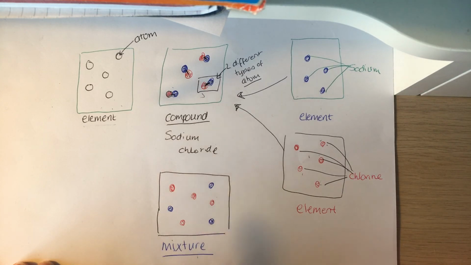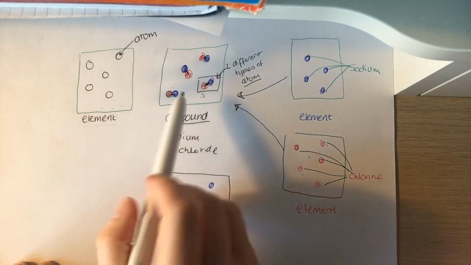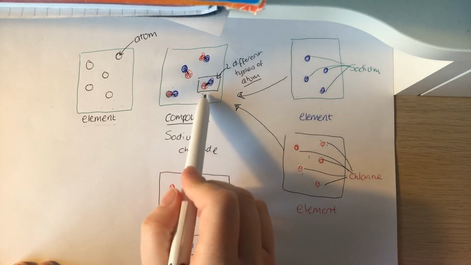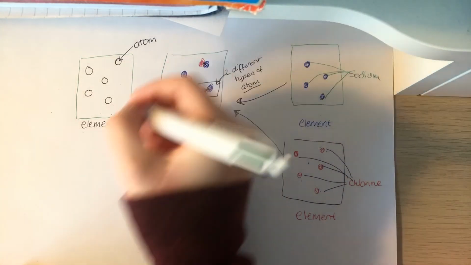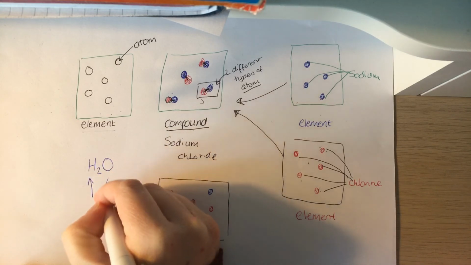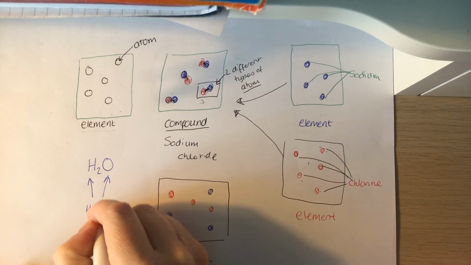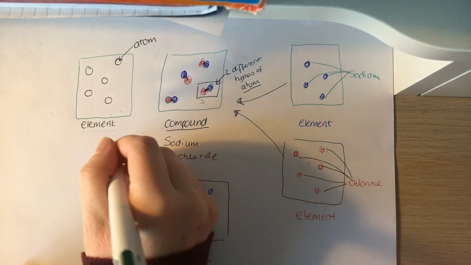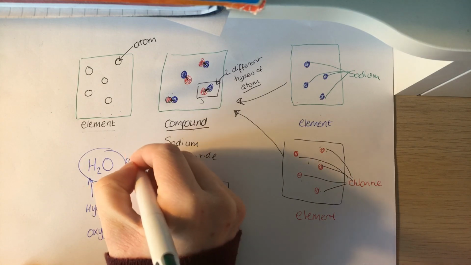But water is not on the periodic table. So water is actually a compound. It's where you take two different elements and you combine them together. So you might know that water has the formula H2O, and that shows me it's made out of two separate elements, hydrogen and oxygen. You take those atoms and you chemically stick them together and you make a compound.